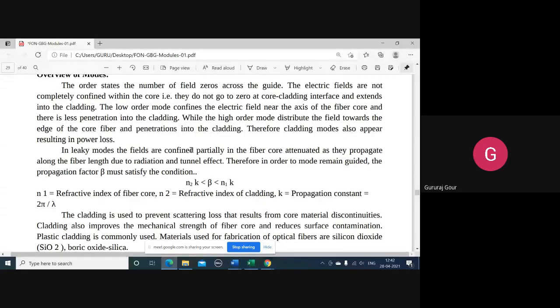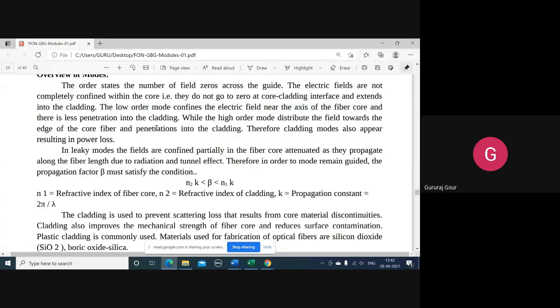Comparatively, here in the cylindrical guide, the lower order mode is concerned with the electric field near the axis of the core, along the fiber axis.